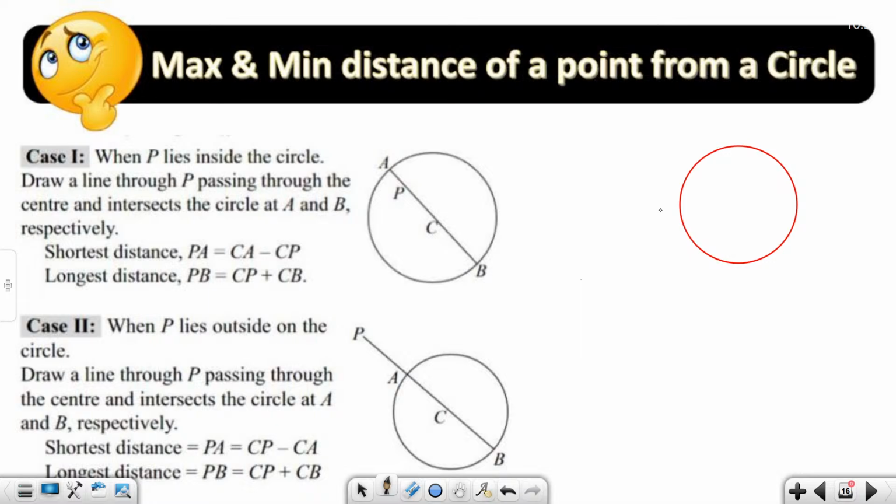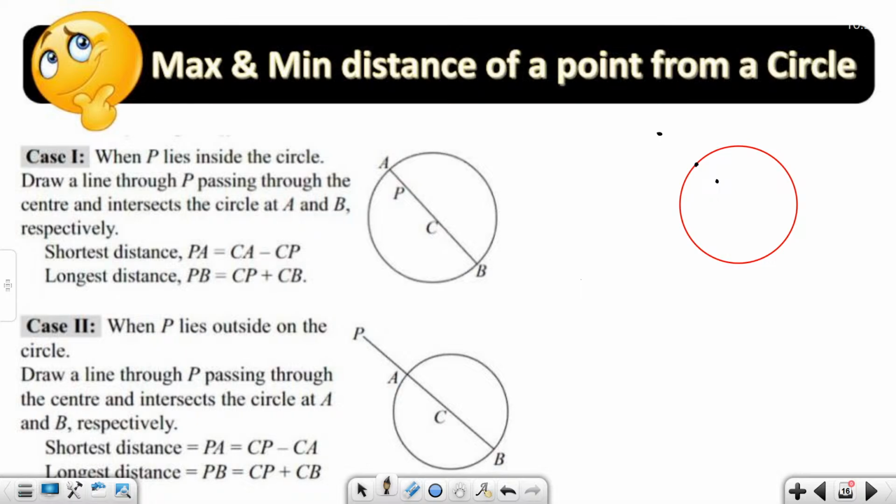Now, the point with respect to the circle can be in 3 places. Either the point is inside the circle, or it is outside the circle, or it can be on the circle. These are the only 3 cases possible for this point to lie with respect to this given circle.